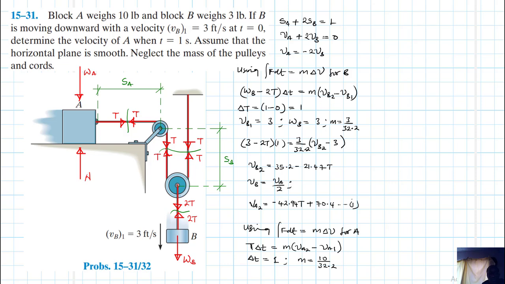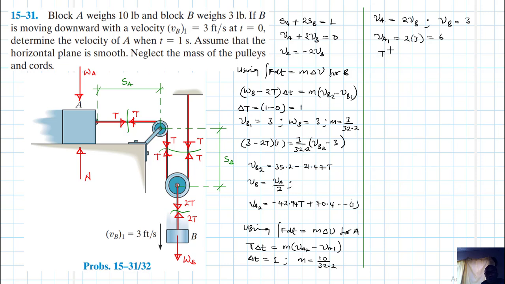What else? Let me check. And then we do have VA1. We know that VA is just equal to 2 VB, and we know VB is equal to 3. Therefore, VA1 is just equal to 2 times 3, which is just equal to 6.